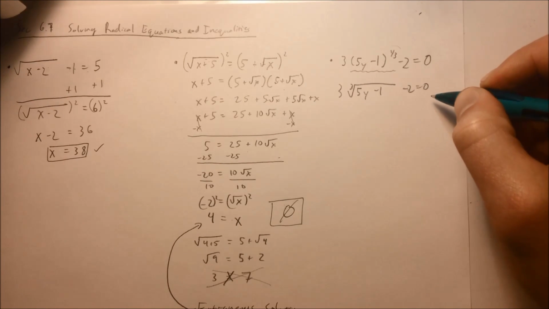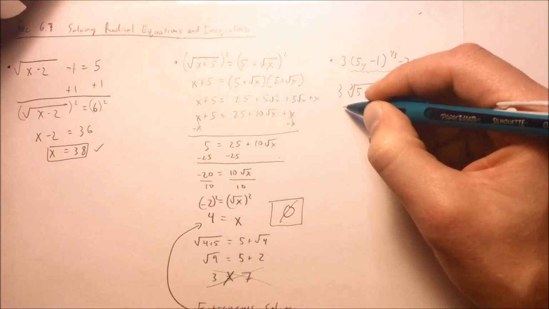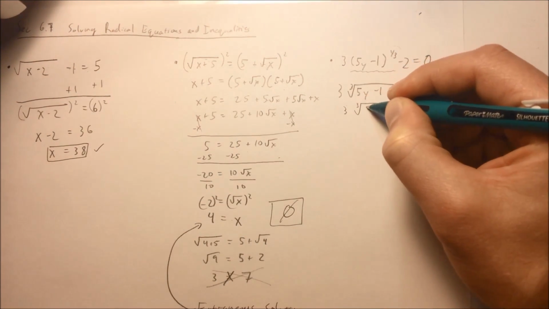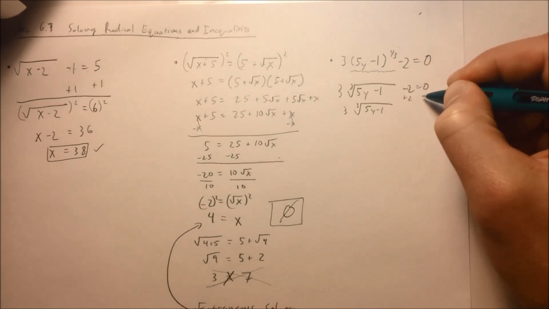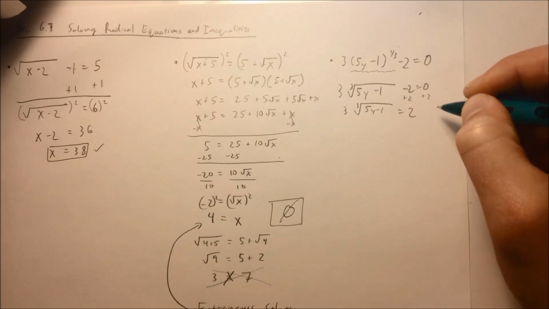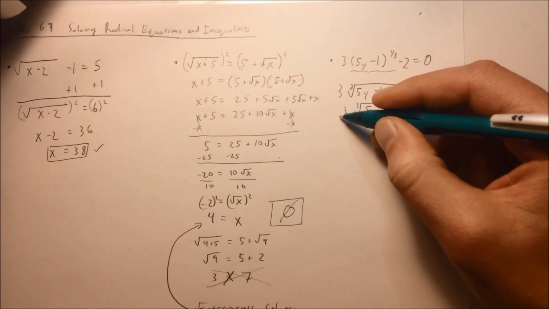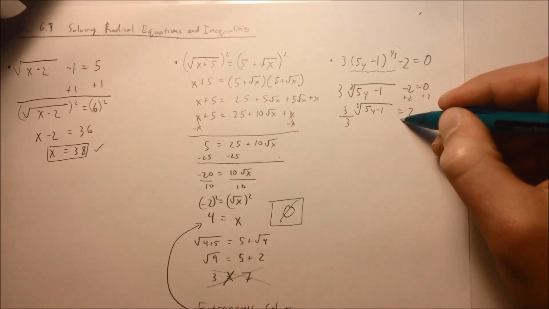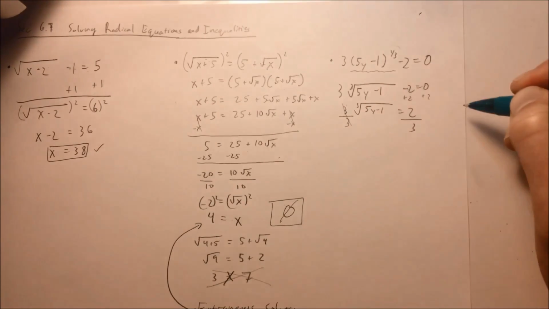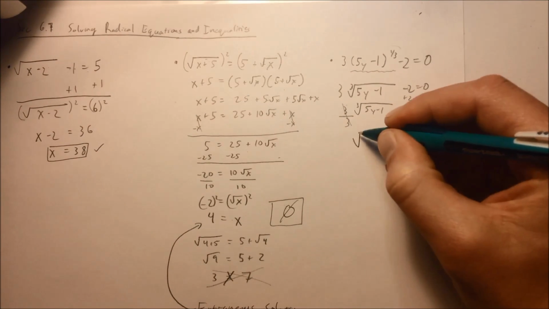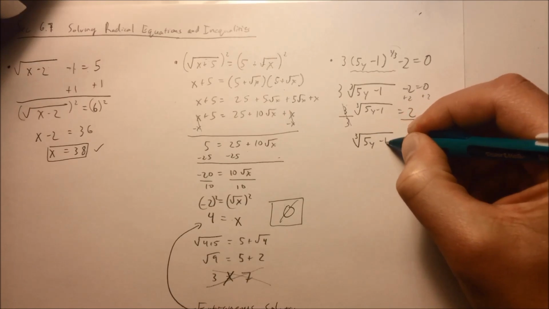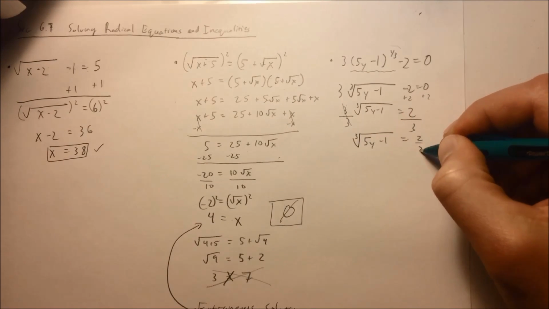So I'm going to add 2 to both sides here. You divide both sides by 3. Let those cancel out. And I've got the cubic root of 5y minus 1 is equal to 2/3.